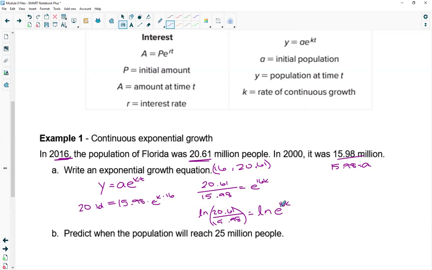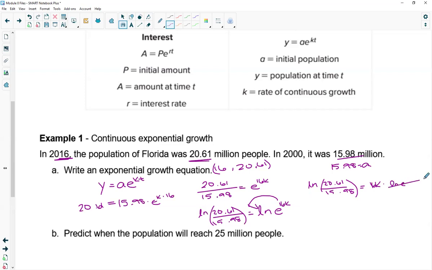Now, anytime we have an exponent within a log, we can bring that forward and multiply. So we've got the natural log of 20.61 over 15.98 equals 16k times the natural log of e.